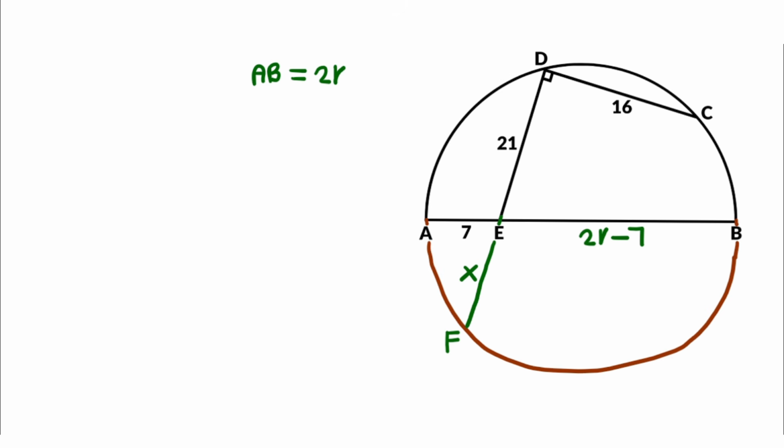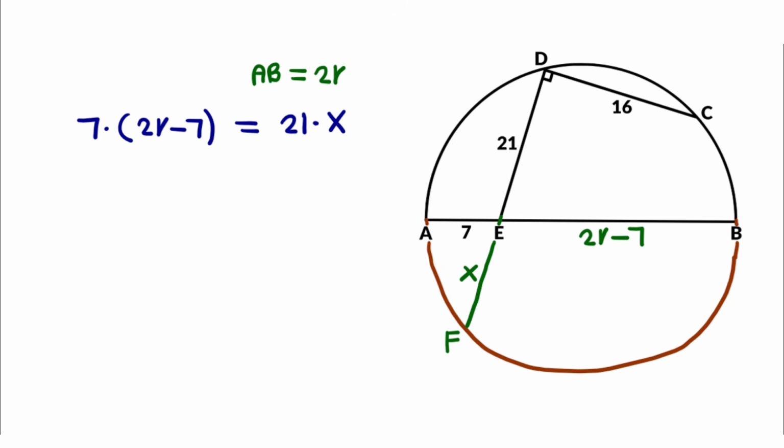The horizontal diameter AB and the vertical segment DF intersect at point E. So the product of the two horizontal pieces equals the product of the two vertical pieces. That gives us 7 multiplied by the quantity 2r minus 7 equals 21 multiplied by x.